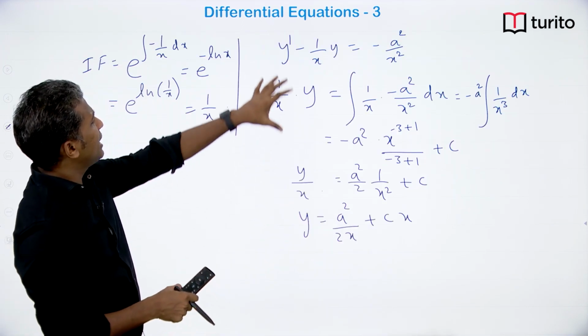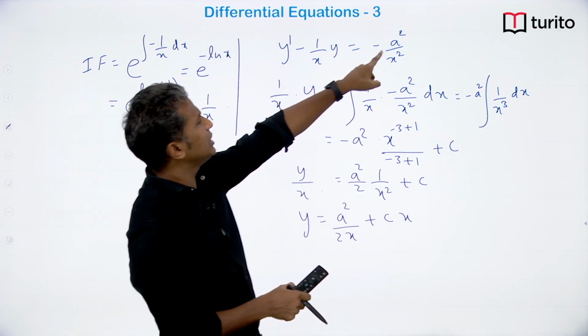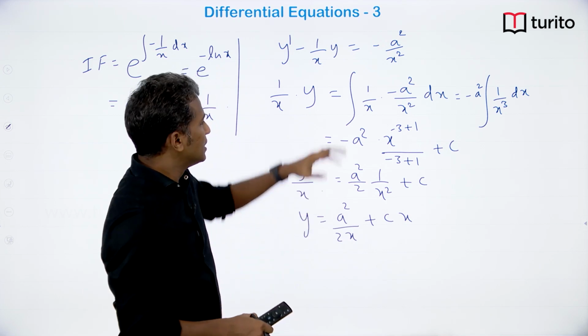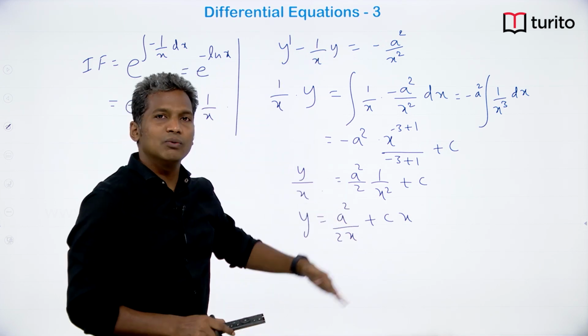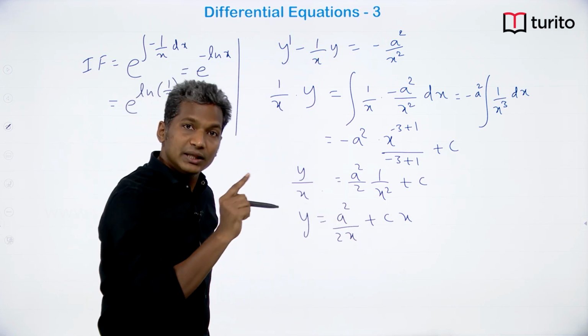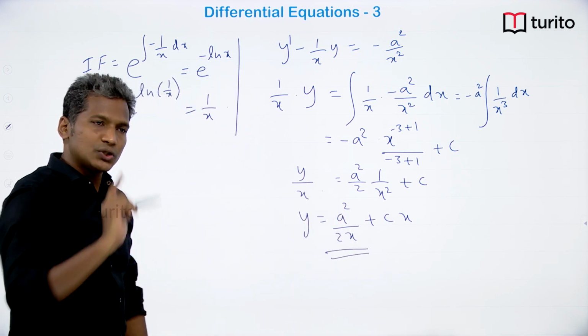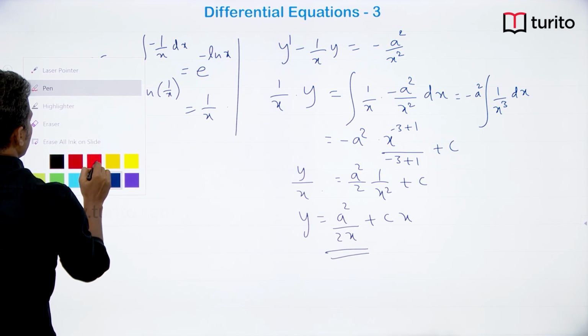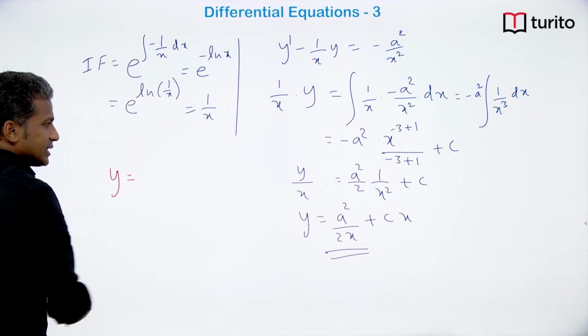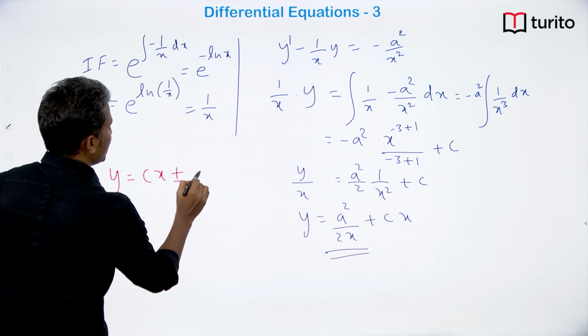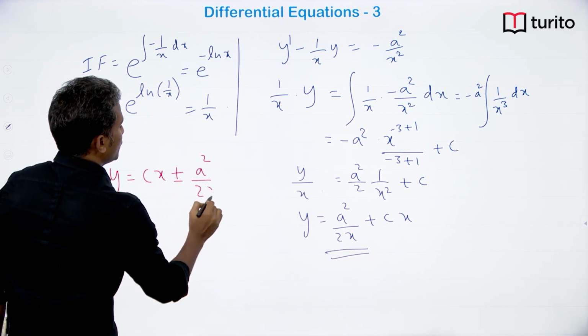So that means every term will be same, but for this term we have to reverse the sign. So what is the term that will change in the solution? Only this term will change in the solution. So we can write the final answer as y equal to cx plus minus a square by 2x.